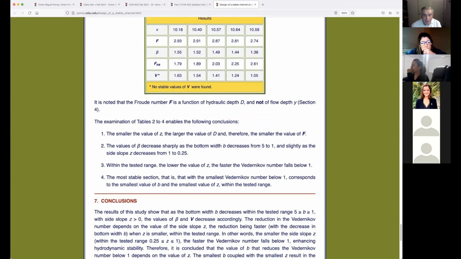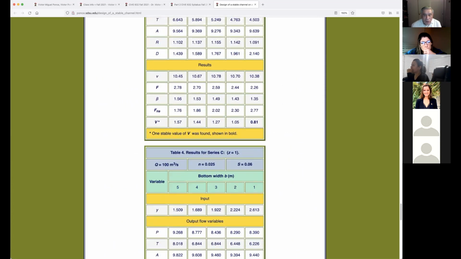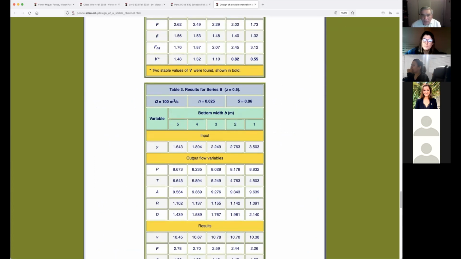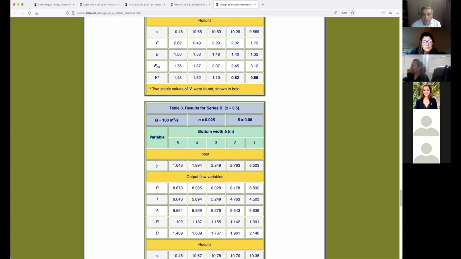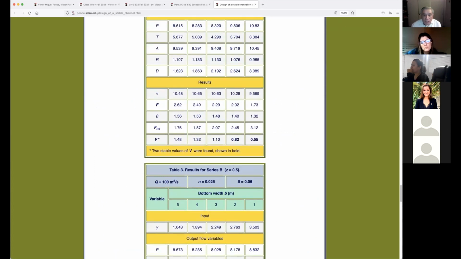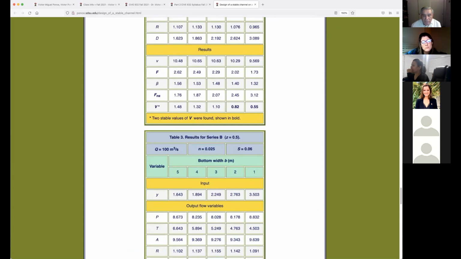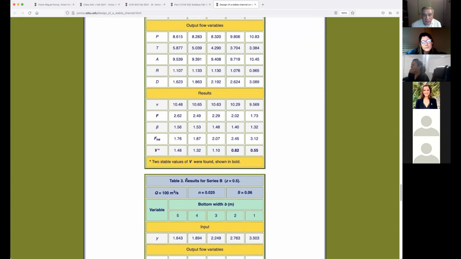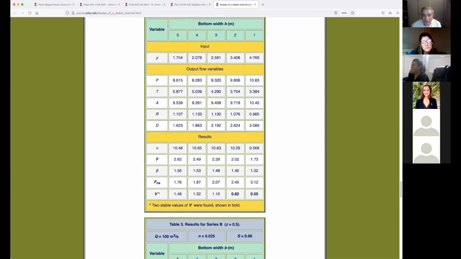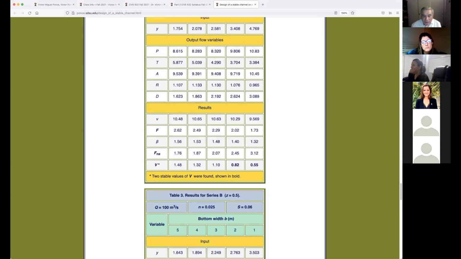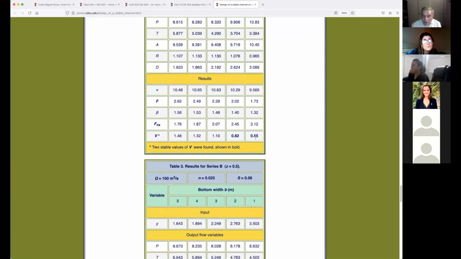Very smart guy. So finally, we conclude in here, as you notice, with the Z 0.25, the depth goes up, and therefore the Vedernikovs are coming down, and we get to 0.55, which is a very good Vedernikov.